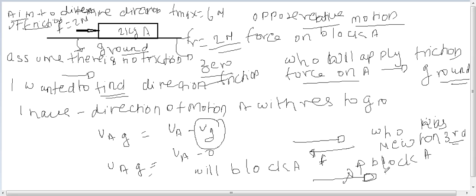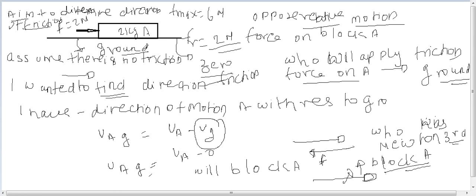You should do these things by yourself. If you practice two or three questions, you will get ready for it. This is the method by which people determine the friction force. The first step is to assume that there is no friction, and by assuming this, find the direction of motion.